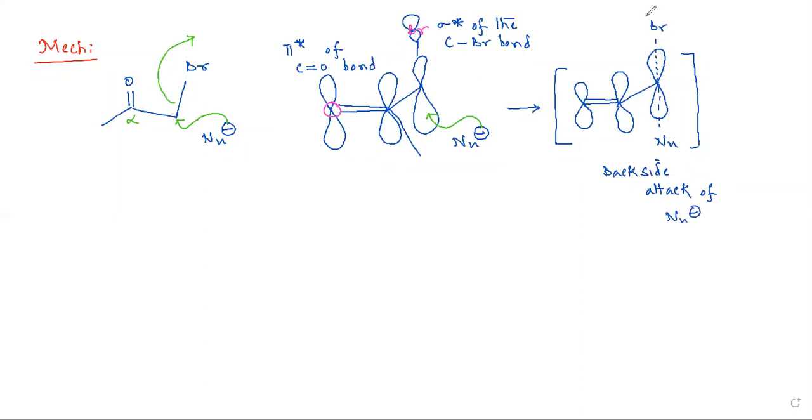One lobe overlaps with the nucleofuge, I mean the leaving group, whereas the other one overlaps with the nucleophile. This is very interesting. You cannot have the same kind of attack of the nucleophile from the front side, because now one lobe has to overlap with both. That is not possible. Okay.